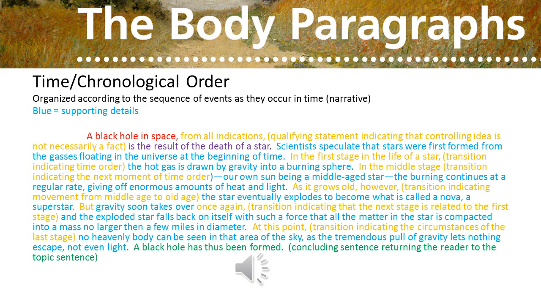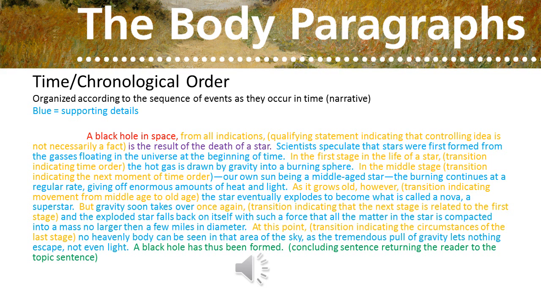Okay, what we have here is an example of time or chronological order. It's organized according to the sequence of events as they occur in time, and it's the order that is used in narratives, whether they be a narrative essay based on truth or whether they be work of fiction like a novel or a short story. Again, the sentences in blue will indicate the supporting details.